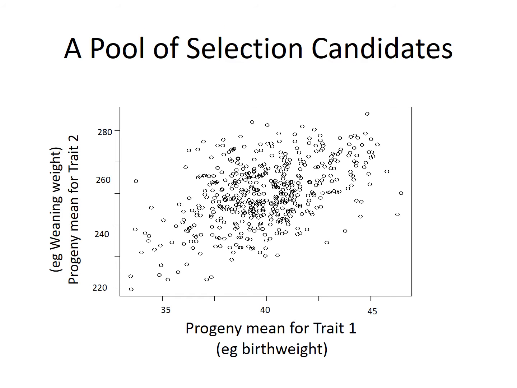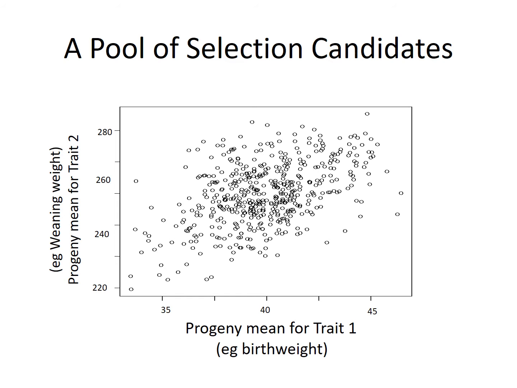And the sires that have offspring that are below average for birth weight also tend to be below average for weaning weight. That's because these traits are genetically correlated. They are positively genetically correlated. So being larger at one age tends to be associated with being larger at other ages.